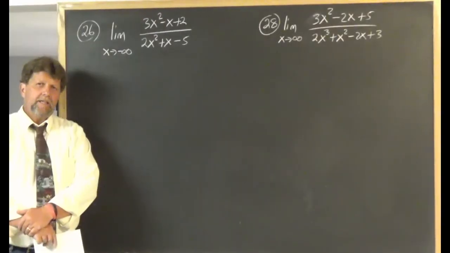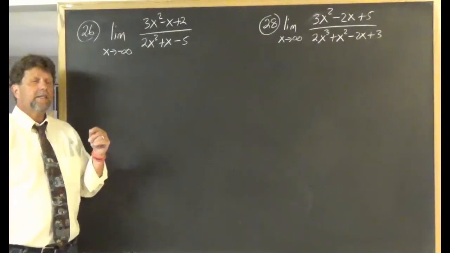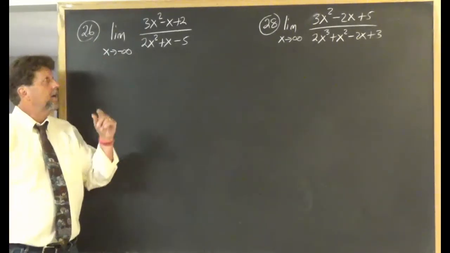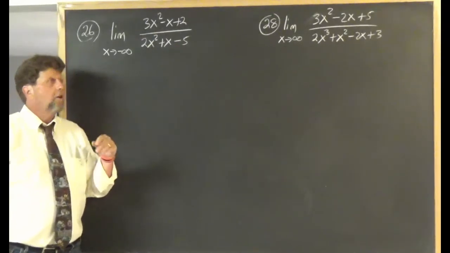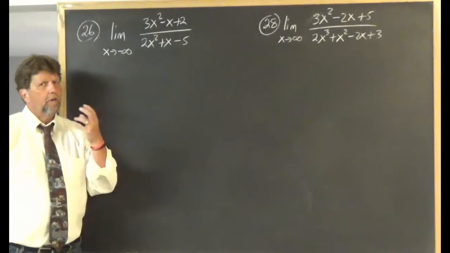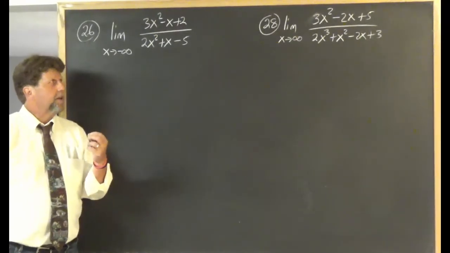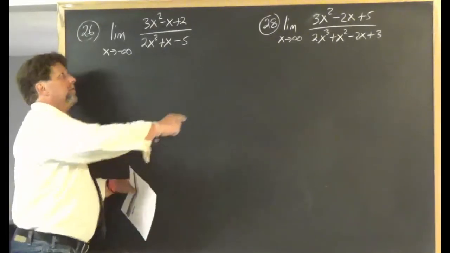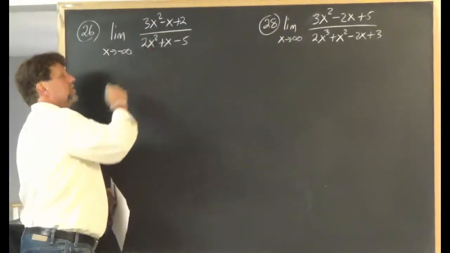All right, folks, let's see how you did in 26 and 28. Number 26, you were asked to find the limit as x approaches negative infinity of 3x squared minus x plus 2 all over 2x squared plus x minus 5. So again, I'm looking for the horizontal asymptote. So when I look at the function, I see the degree of the numerator is a 2. The degree of the denominator is a 2.